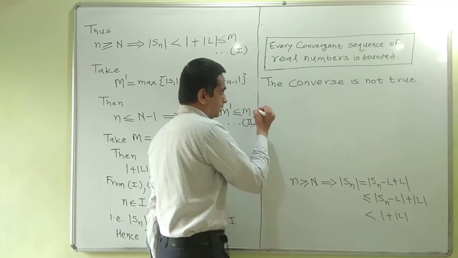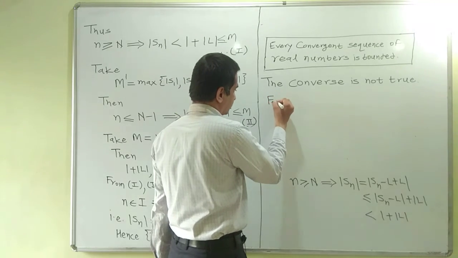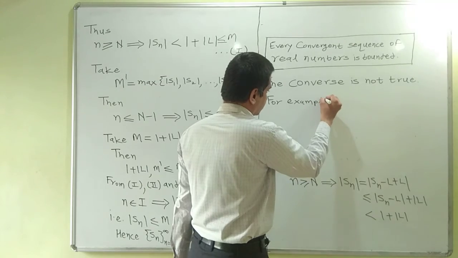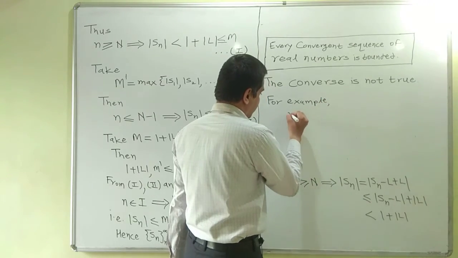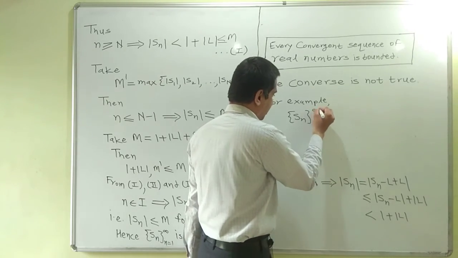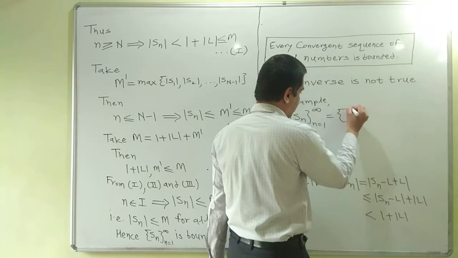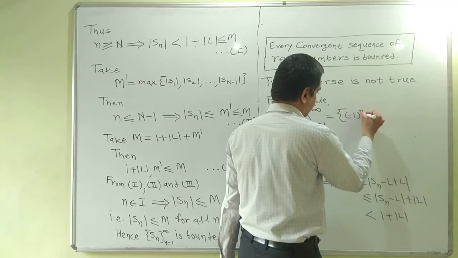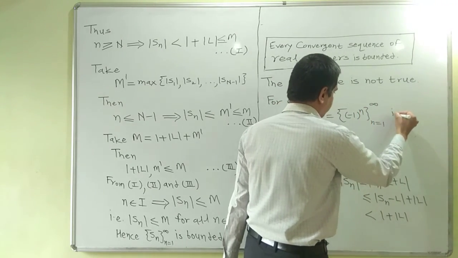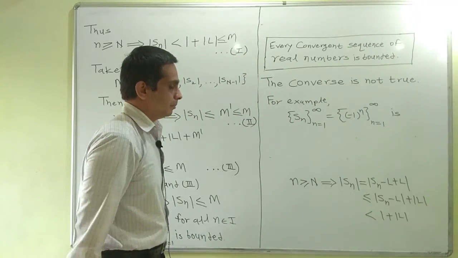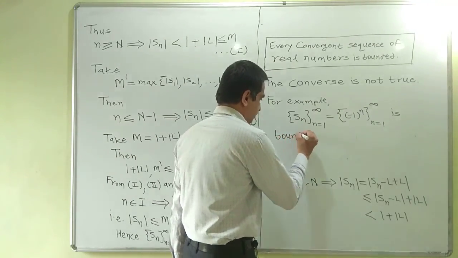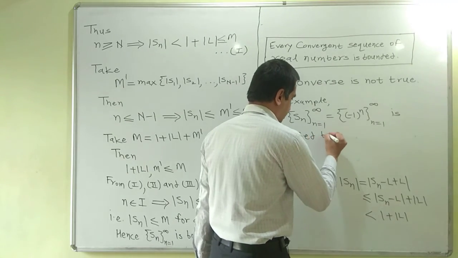For example, (Sn), n equal to 1 to infinity, where Sn equals minus 1 raised to n, is bounded but not convergent.